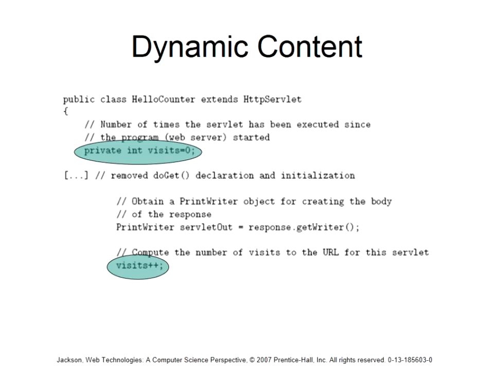So this is dynamic content, the servlet. So what is the name of the servlet in our example? The name of this servlet, HelloCounter. Very good. So HelloCounter. Why is this a servlet? Why we can say that public class HelloCounter is a servlet? Why?